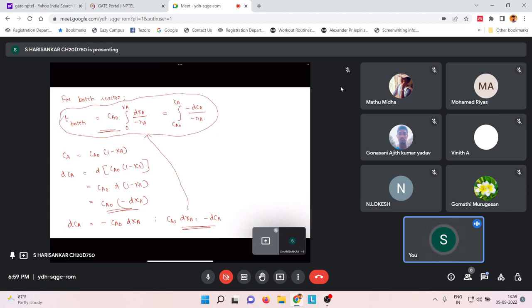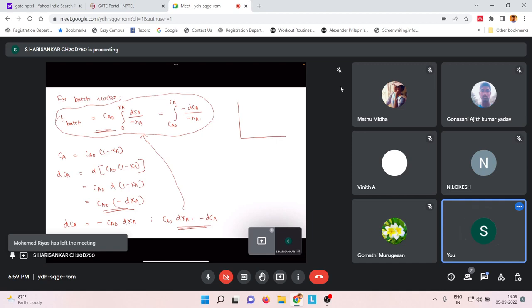Yeah. So we can even plot this. If we take 1 by minus Ra and conversion here, this plot is with respect to the first equation. So we'll get a plot like this, and the area under this curve will be t by Ca0.